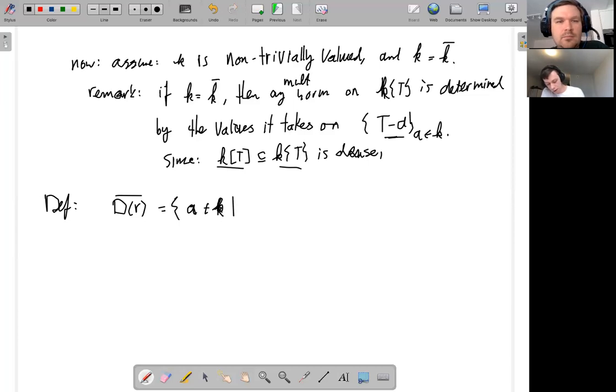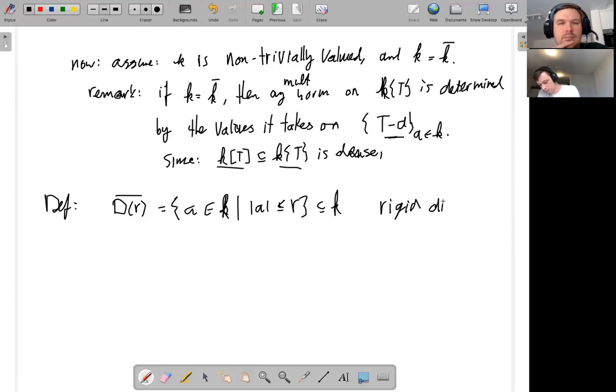These are elements in the field K such that their norm is less than or equal to R, a subset of the field. This is called the rigid disk. And there is also another disk, which is, okay.